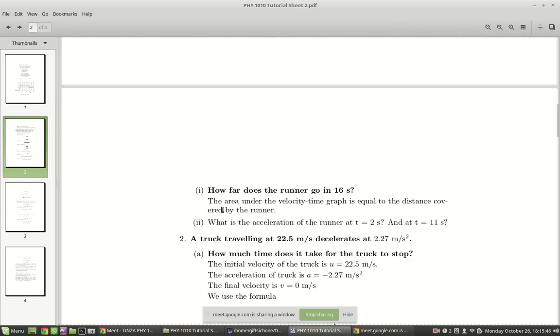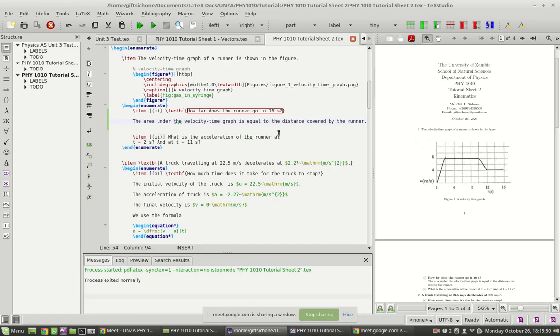Okay, yeah, this is what I've typed. Okay, so we divide this area, we split it into sections.